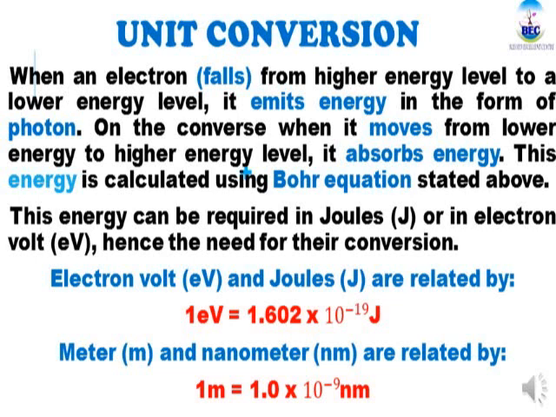This energy can be required in joules or in electron volt, hence the need for their conversion. Electron volt (eV) and joules (J) are related by the formula 1 electron volt is equal to 1.602 times 10 exponent minus 19 joules. Meter and nanometer are related by the formula 1 meter is equal to 1.0 times 10 exponent 9 nanometers.